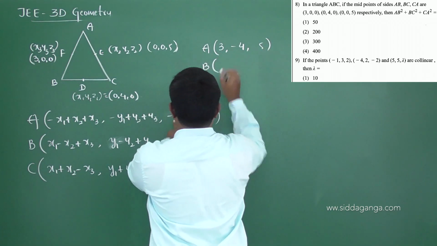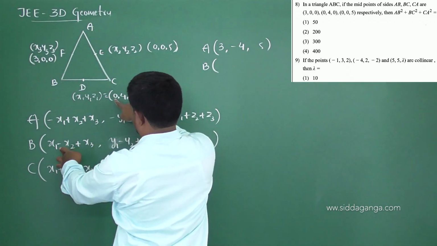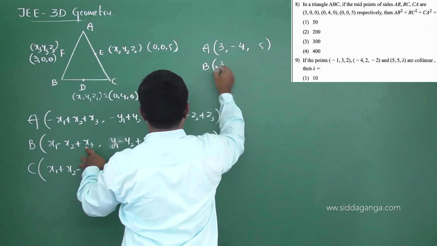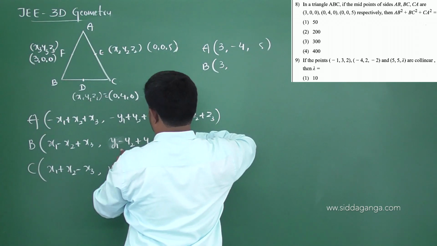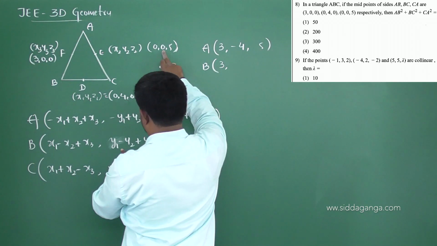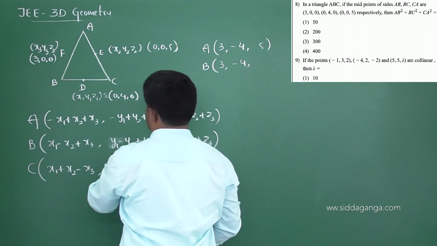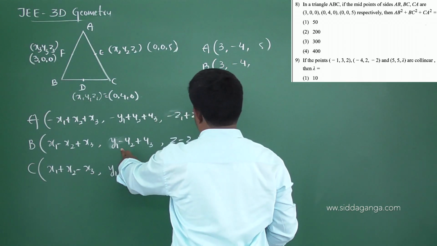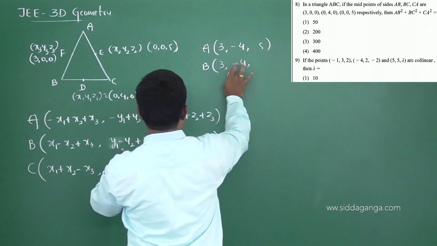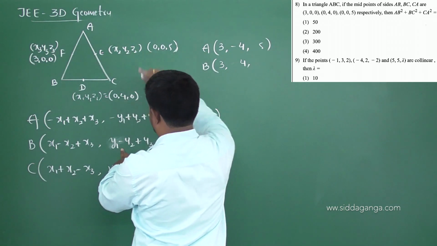So B will have coordinates x1 minus x2 plus x3. x1 is 0 minus x2, 0 plus x3, 3. And y1 minus y2 plus y3: y1 is 4, y2 is 0, y3 is 0, so 4.